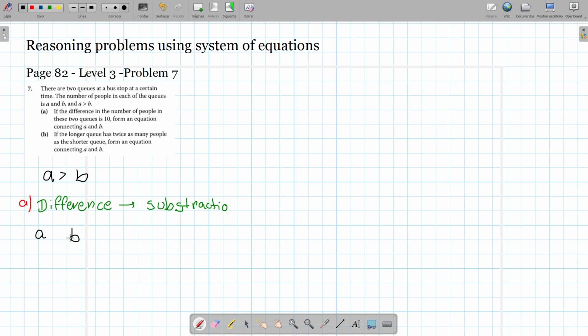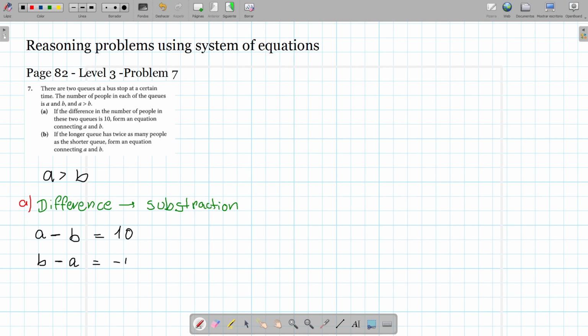Of course, the difference is going to be, as I said before, a subtraction operation, but because A is bigger than B, A has to come first. The difference will be 10 people. If you do the operation the other way around, it's completely wrong, because we cannot take the difference if this one is smaller and this one is bigger.